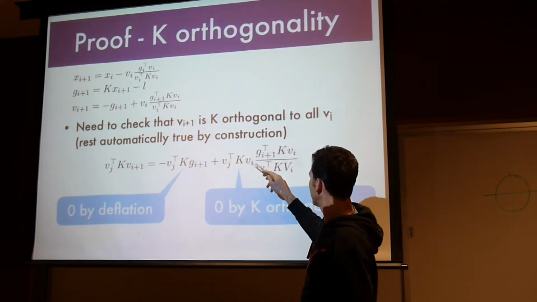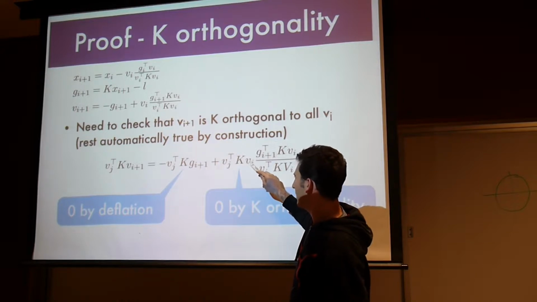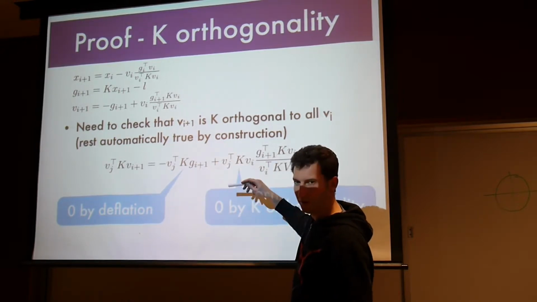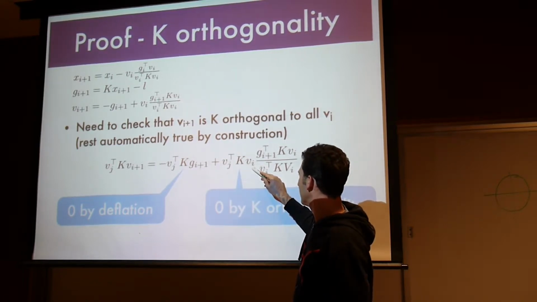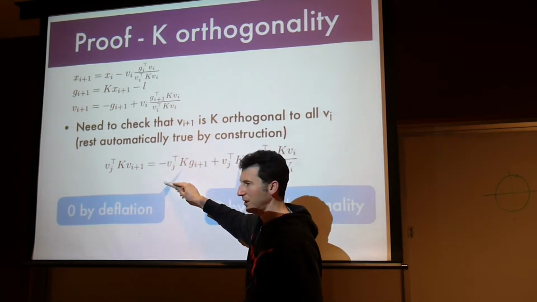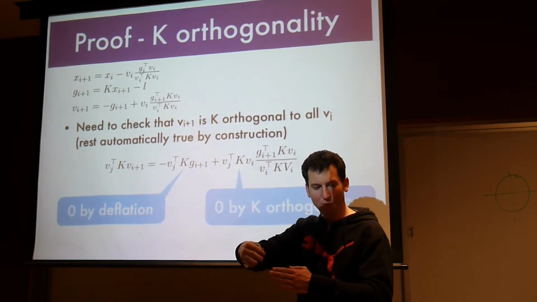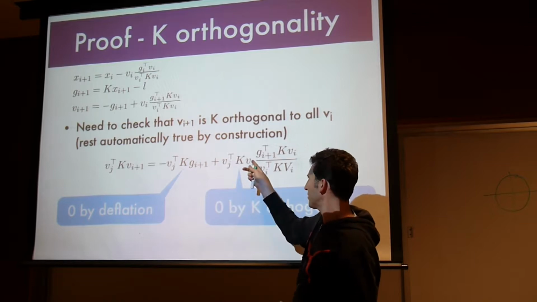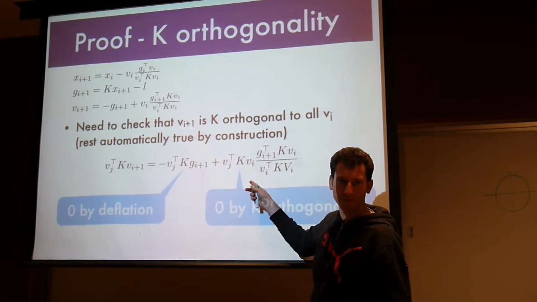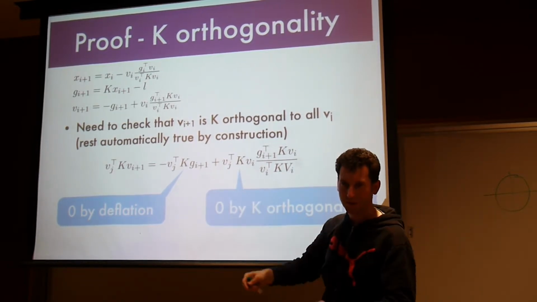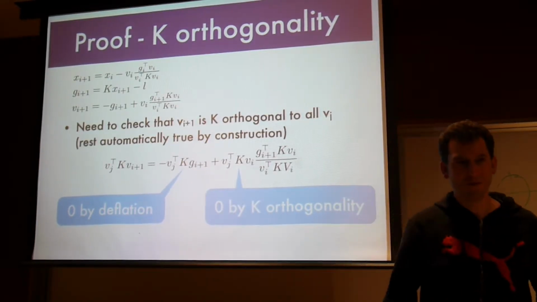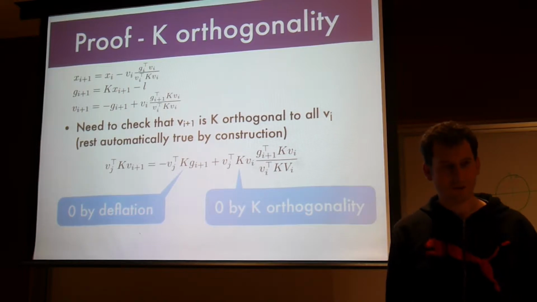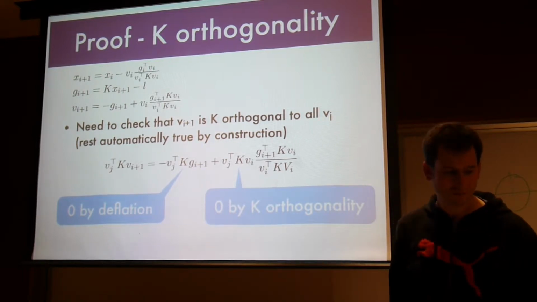And for this, well, we have v_j transpose k v_i. Now, since this was orthogonal already by our induction assumption, this needs to vanish anyway. So we basically have this term to be 0 because we perform the deflation step, and this to be 0 by our induction assumption. When you pull those two arguments together, you get exactly that. This gives you the conditions under which conjugate gradient descent will do something useful.